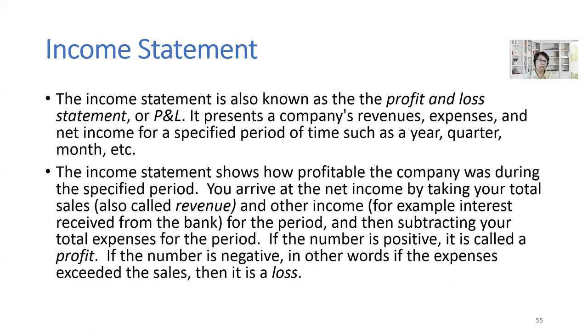You don't always have to have it just for a year. You could have it for a quarter. So if it's March 31st and my boss says, will you run me a quarterly income statement? Well, quarterly. There's 12 months in a year. So a quarter of that is 3.